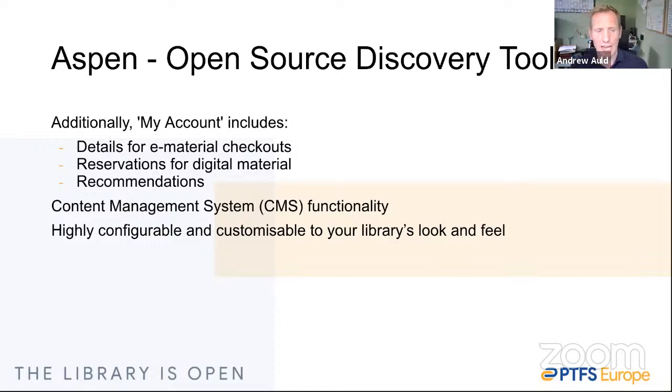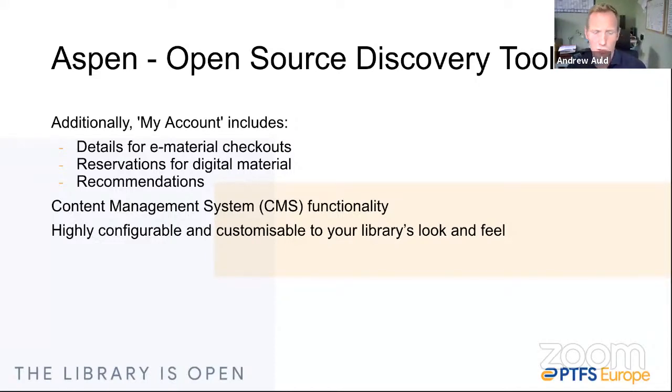Another feature of Aspen is that it provides you with a content management system that means that, as well as discovering the resources, the e-resources, the catalog resources, you can also, within Aspen, create and host web pages about your library, about further information, to provide things like privacy policies, that kind of thing, and also it's quite rich in functionality.